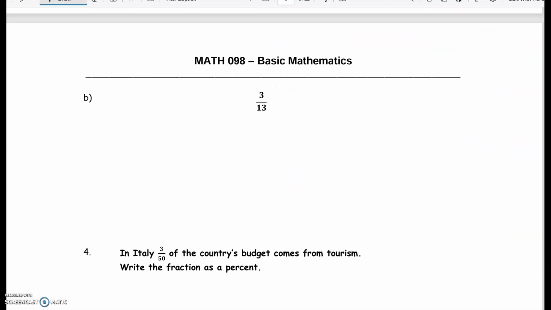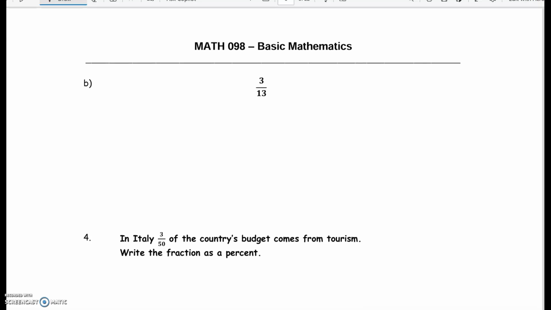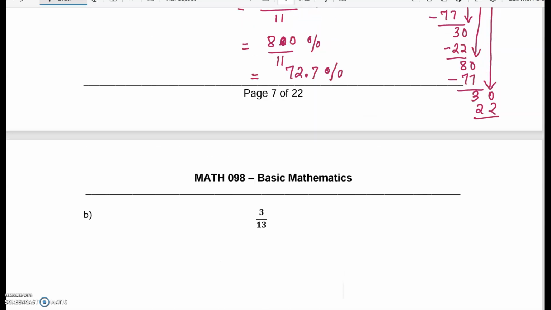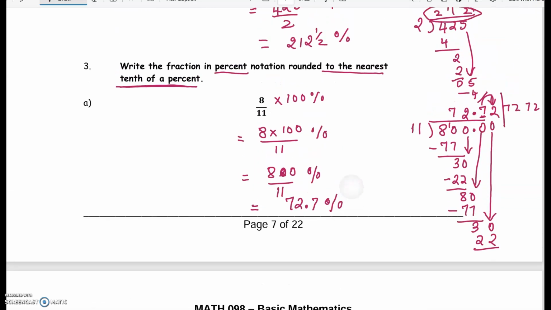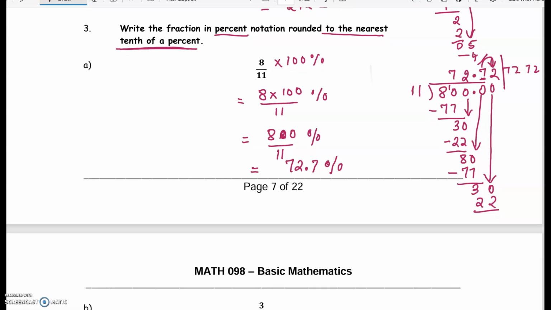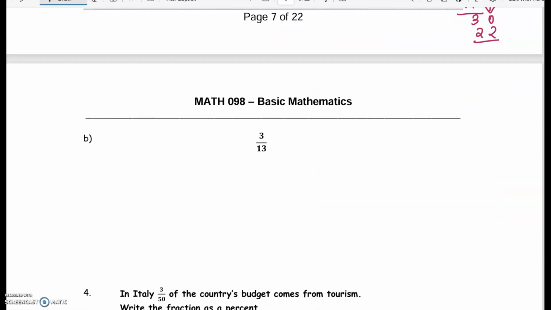Now we're going to change this fraction to a decimal. Again, it says rounded to the nearest 10th of a percent. So we're going to change it to a percent, but write the number as a decimal. How do we change anything to a percent? We multiply by 100%.